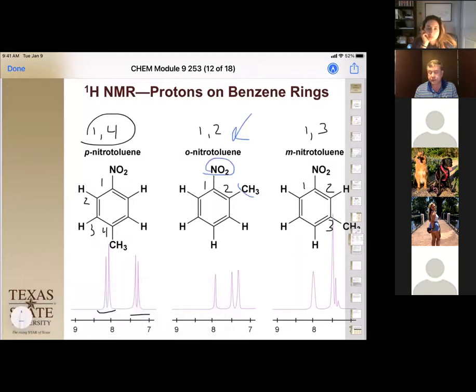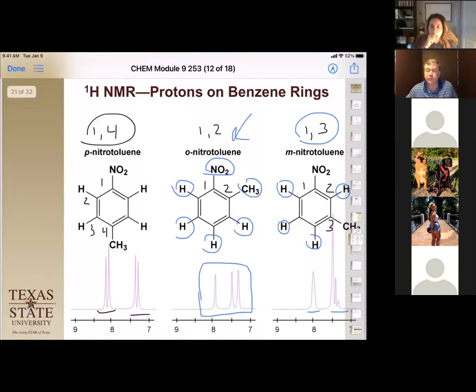These 2 groups are different, which means this hydrogen's different than that hydrogen, and these hydrogens are about the same. And so we end up with a total of 3 peaks. If we look at this 1,3 substitution, this hydrogen is different than any of these, and so we end up with a total of 4 peaks. So you might be able to just identify a homework problem just by looking at that pattern.